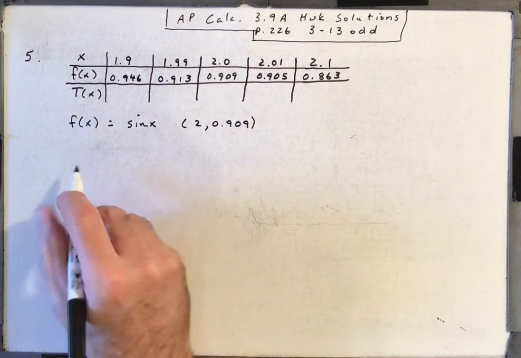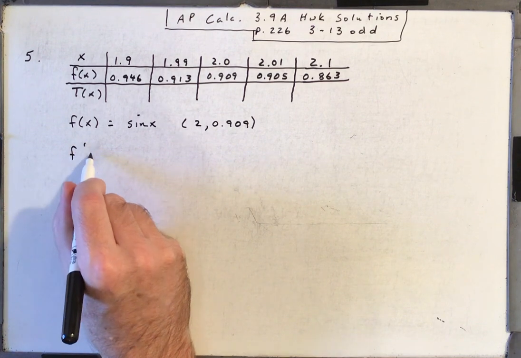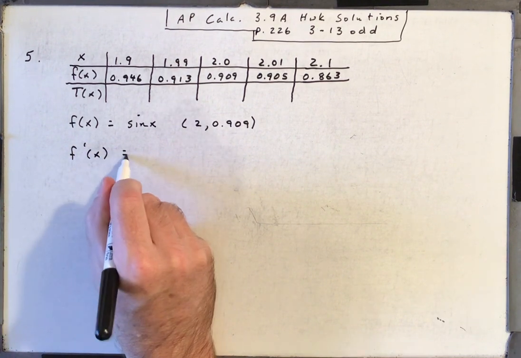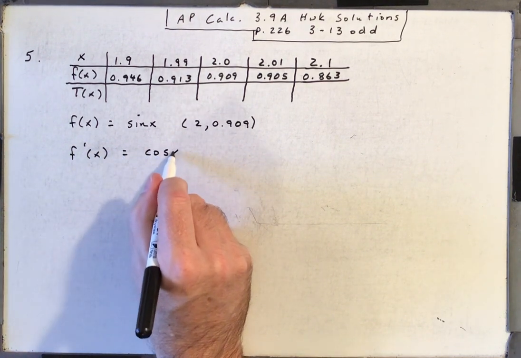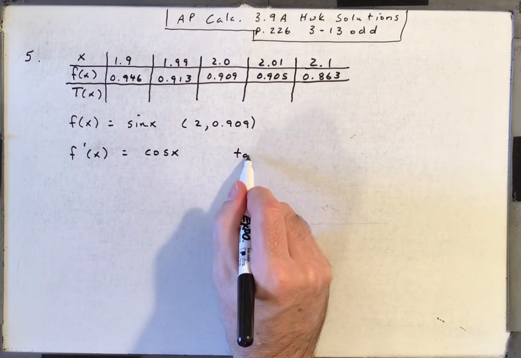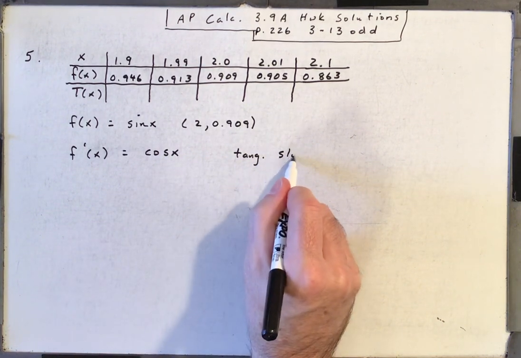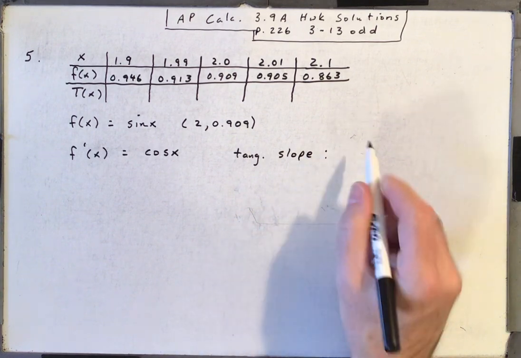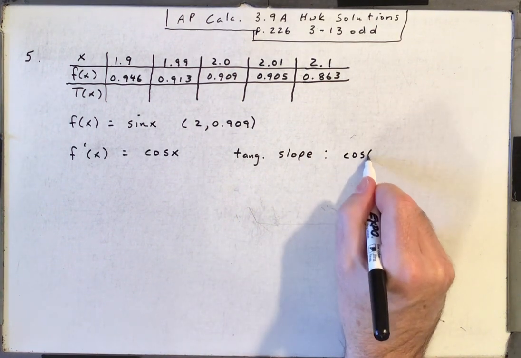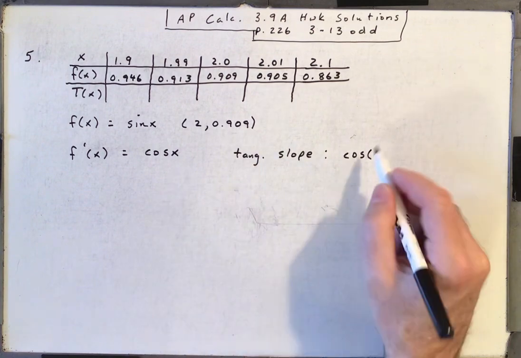We need to get the equation of the tangent line. The derivative of sine is cosine, so our tangent slope is going to be the cosine of 2.